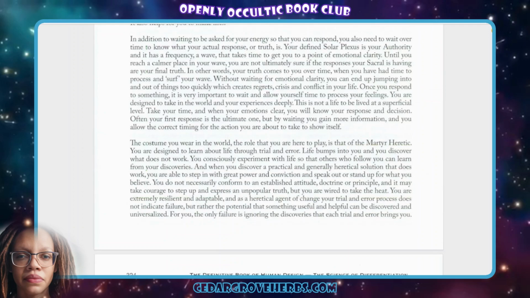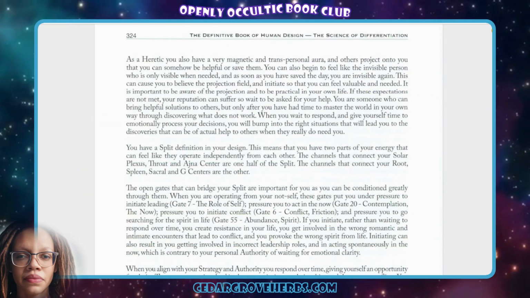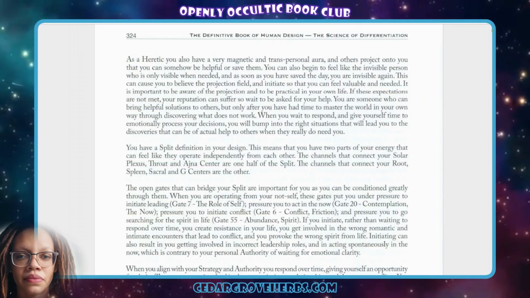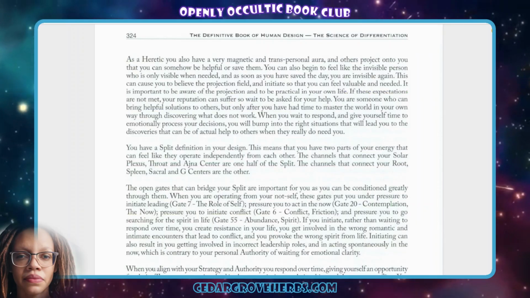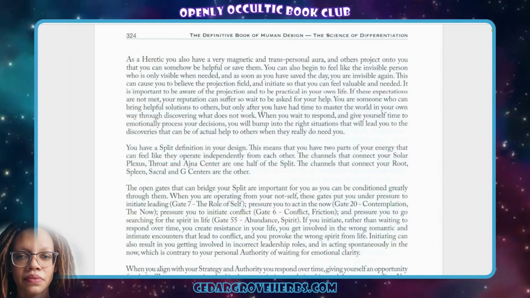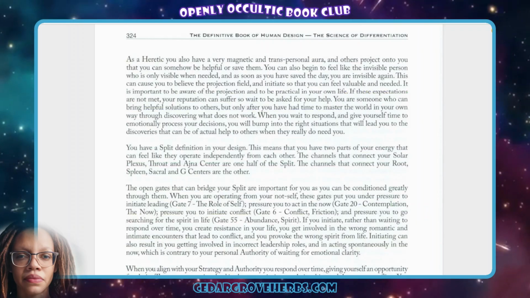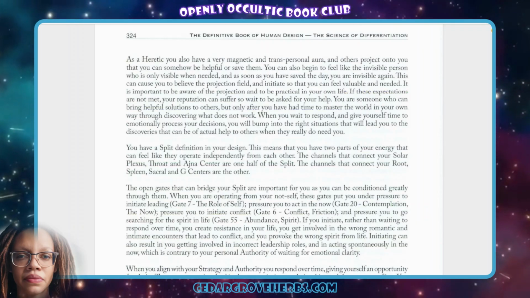Also, if they had gate 20, right? Because they don't have gate 7, they have the pressure to initiate leading. Gate 7 is the role of self. We saw it was in the G center. So they'll want to lead. They'll feel the pressure to be a leader or to initiate leading.